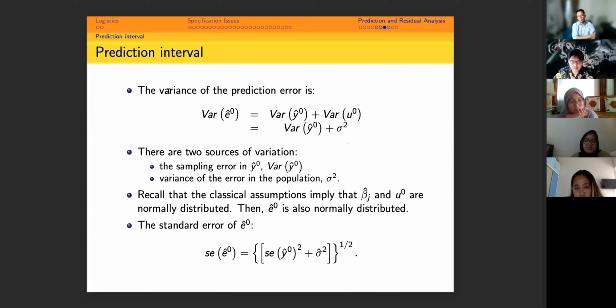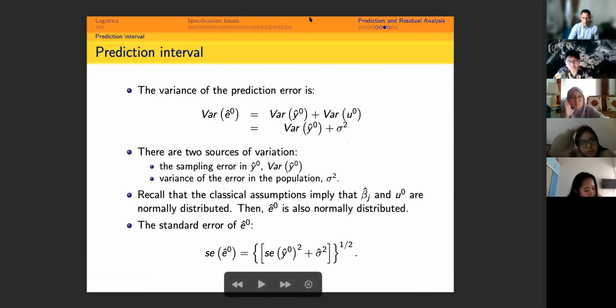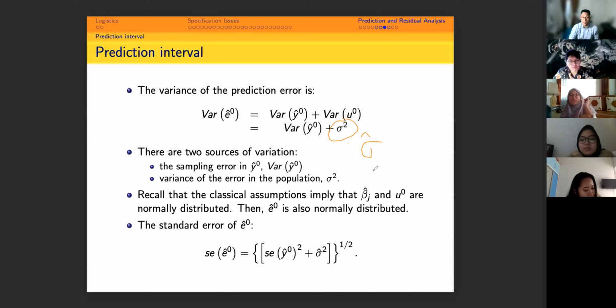There are two sources of variation. The first is the sampling error in y hat, the variance of y hat. The second is the variance of the error in the population, sigma squared, which we actually don't see. Since we don't see the variance of the error in the population, we can use the variance of the residual, sigma hat squared.